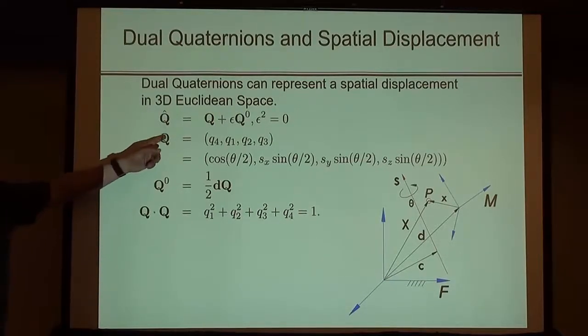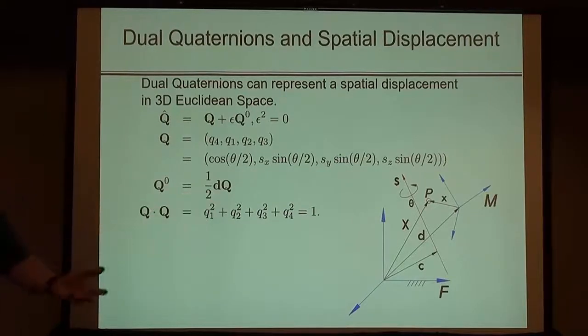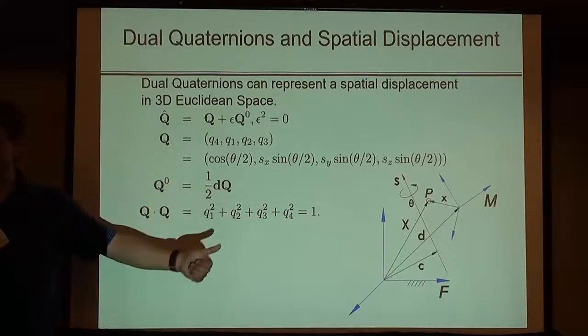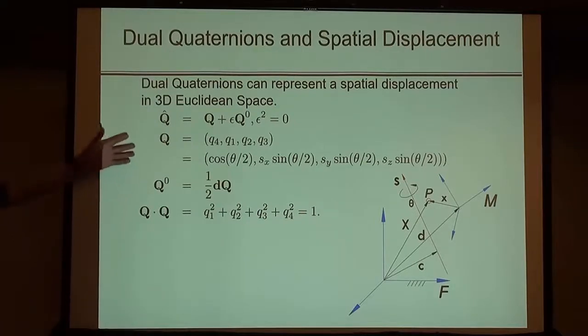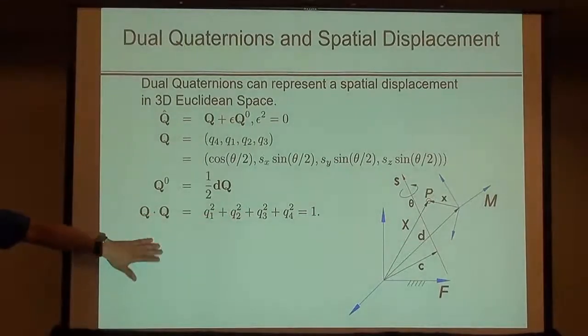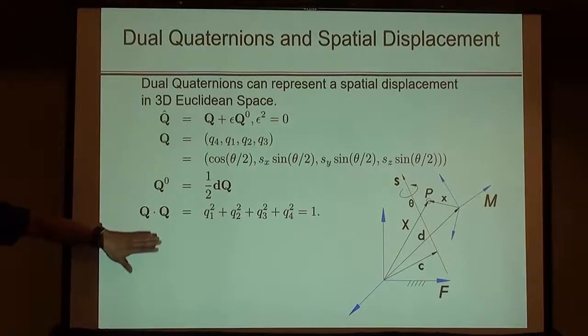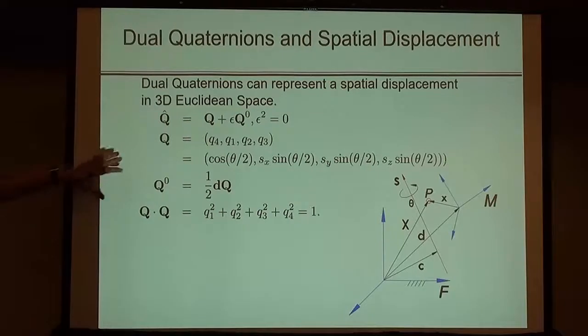So if you take the dot product of these two, it will be equal to 0. It can be shown. It doesn't matter what D and Q are, they're always equal to 0. Okay? That just shows there's a unit quaternion. You also have Q dot Q naught equal to 0. Okay? So this is called the Study condition. It's actually a Plücker condition in 4D space. Okay, Plücker line coordinates have that condition too.